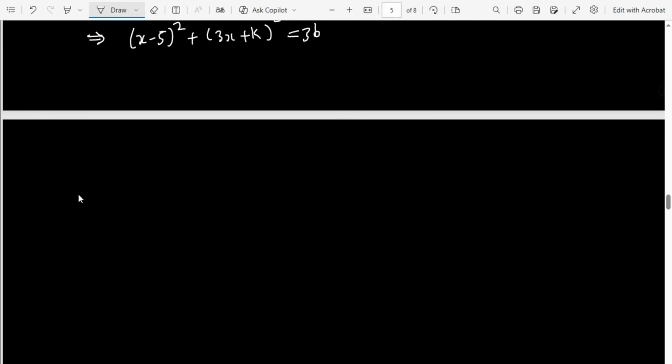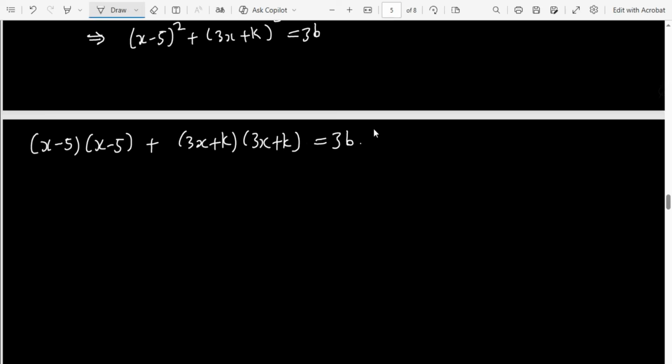Let's start with the first one. Let's expand the bracket, x minus 5, x minus 5, plus, let's also expand this side, 3x plus k, 3x plus k. You'll see where this is going. This is equal to 36.